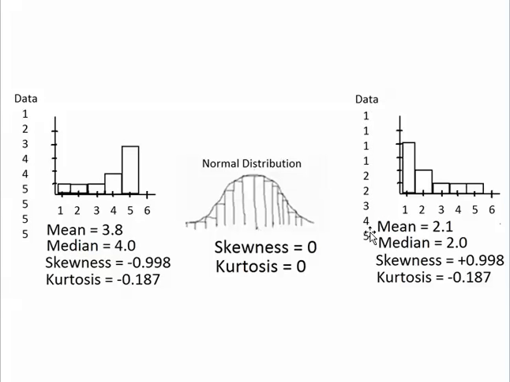This column of data is positively skewed because it has more higher numbers and fewer lower numbers. And the mean of this column of data is above the median, like we talked about. So when you have a negative skewness, the mean is below the median. When you have a positive skewness, the mean is above the median.